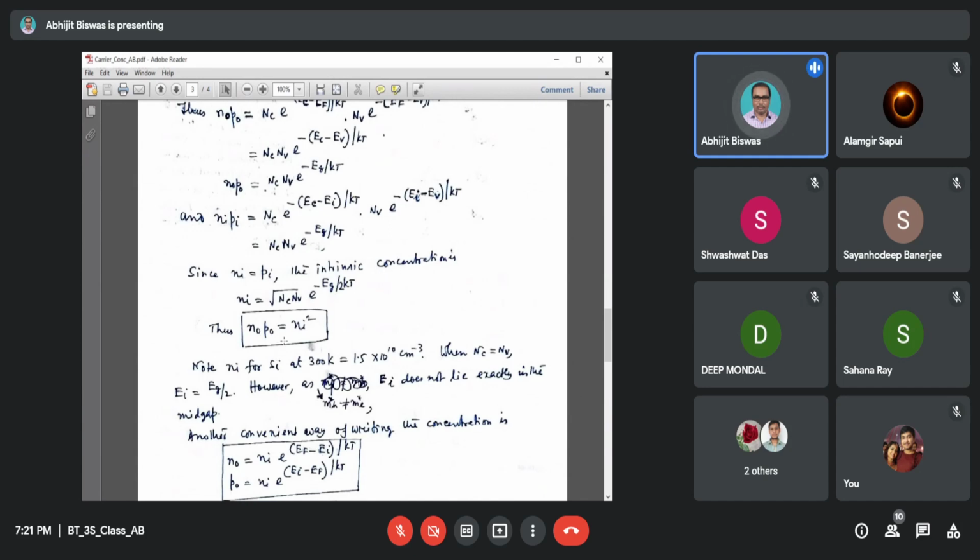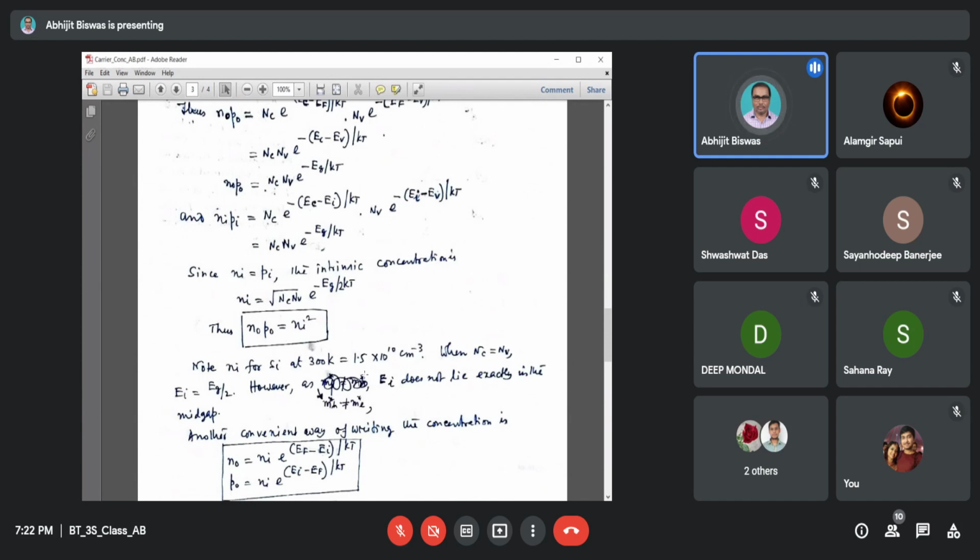Now you know that for intrinsic material, the electron concentration must be equal to hole concentration because there is no impurity. So for each electron in the conduction band, there will be an empty state in the valence band. Therefore, the electron concentration must be equal to the hole concentration in case of an intrinsic material.